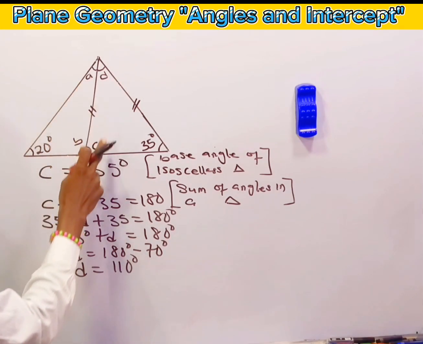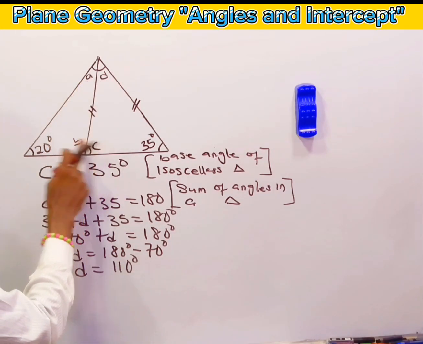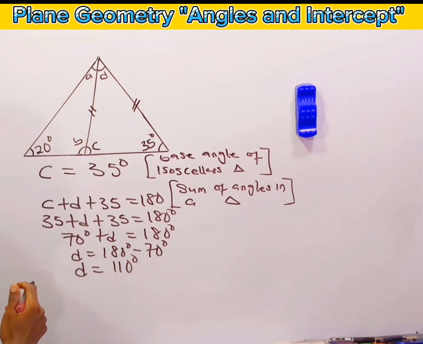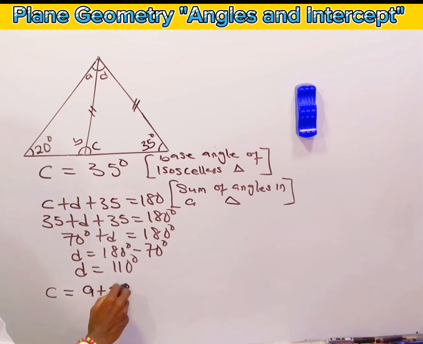To find A, we can say C is equal to 20 plus A, the sum of opposite interior angles of a triangle is equal to the exterior angle, which is C is equal to A plus 20 degrees.